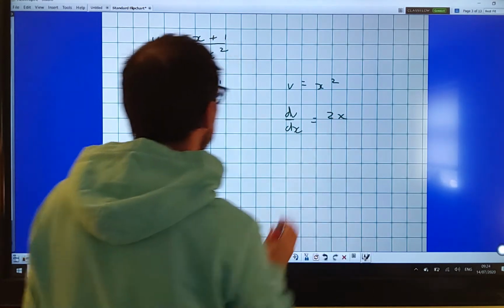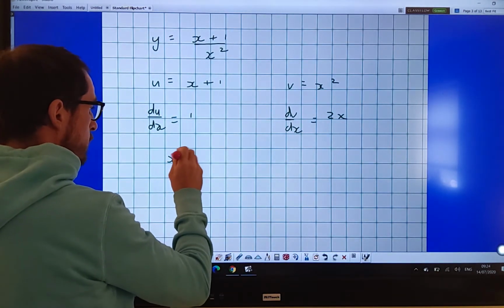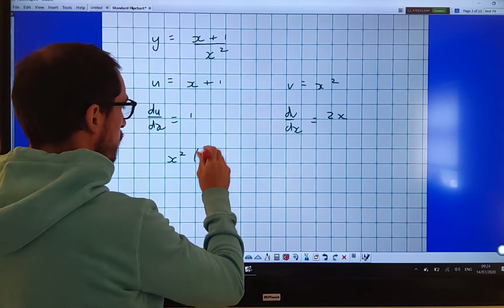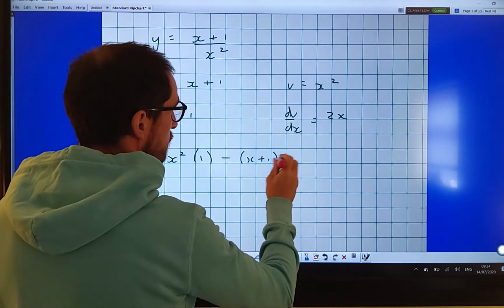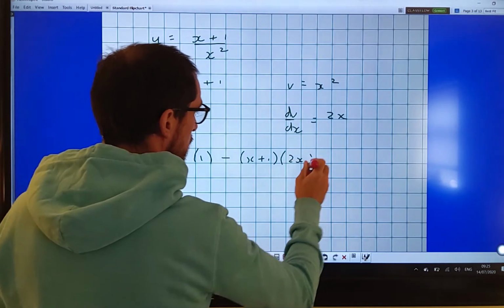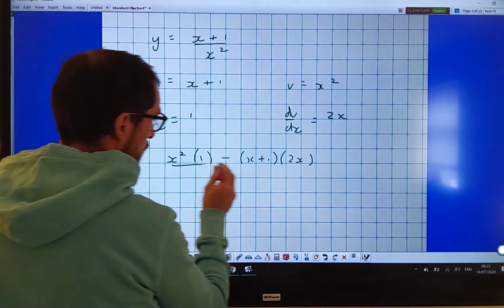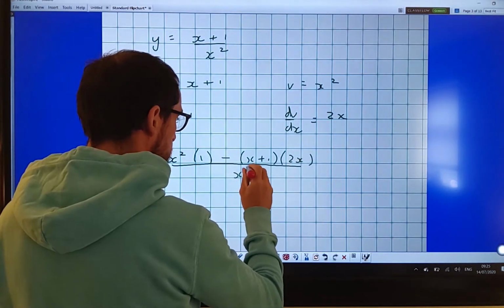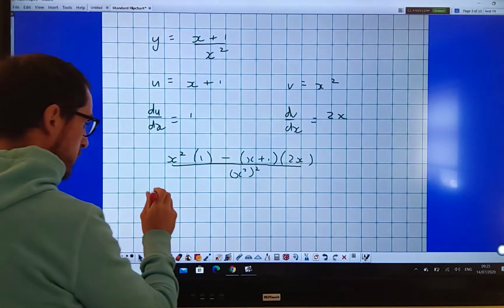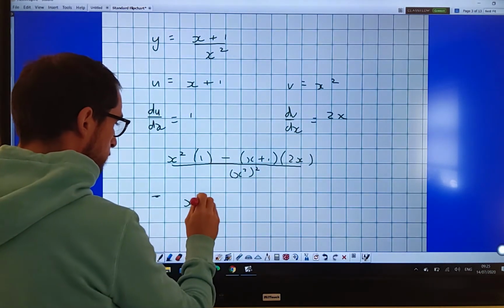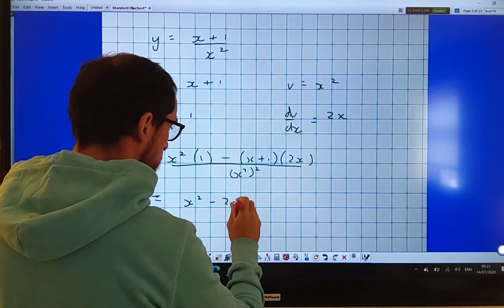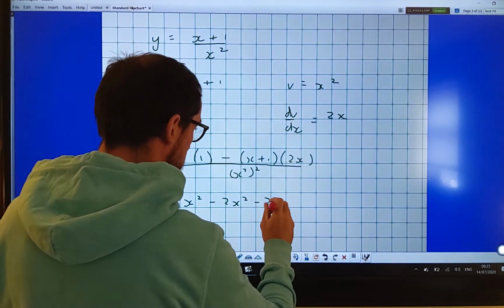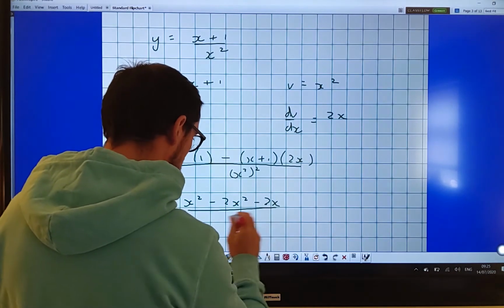And the quotient rule tells me it's v times du dx, which is 1, minus u, which is x plus 1, times dv dx, which is 2x, all over v squared. So it's going to be x squared squared. If you want, you can multiply that out. You've got x squared, minus 2x squared, minus 2x, all over x to the power 4.